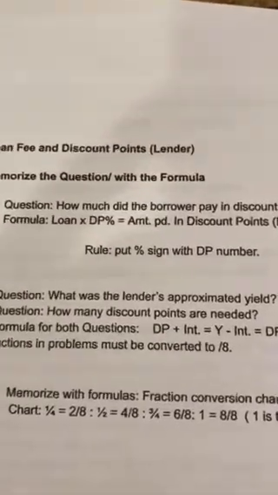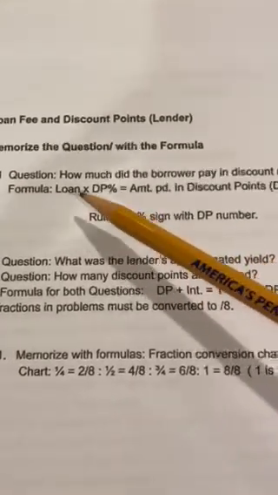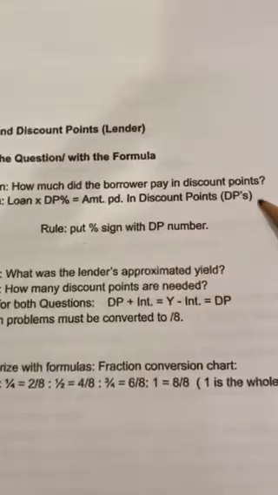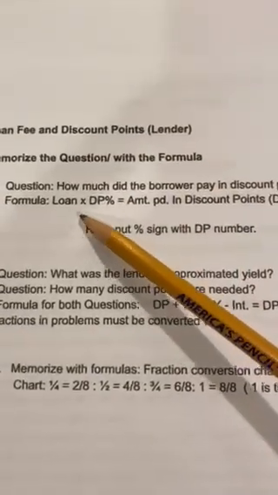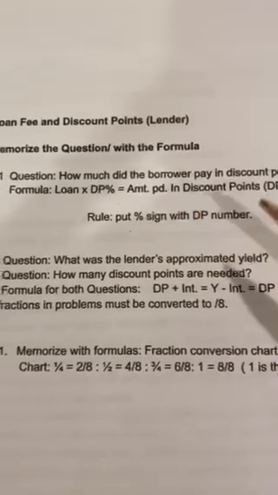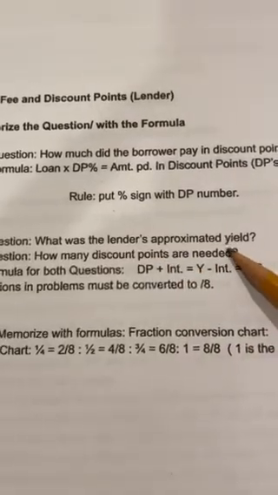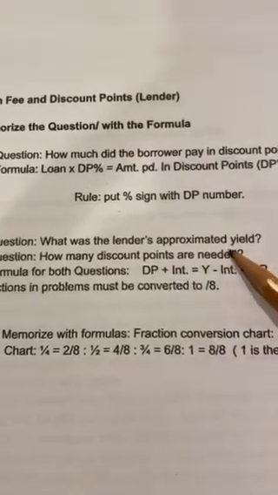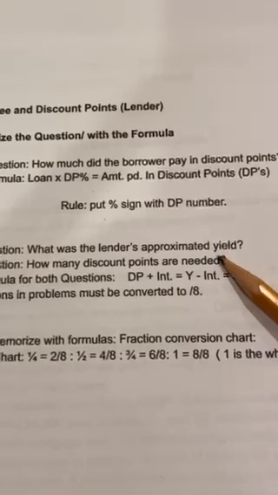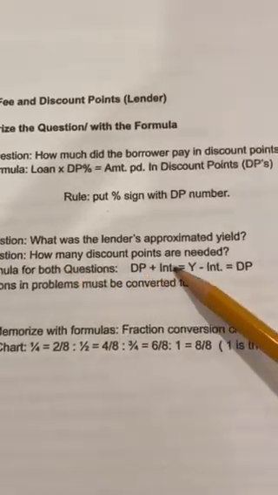Now let's look again at these formulas. The question, how much did the borrower pay in discount points? The formula: loan times DP percent equals amount paid in discount points. The questions, what was the lender's approximate yield, and how many discount points are needed?